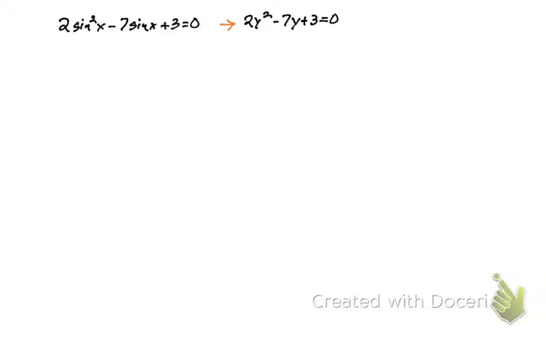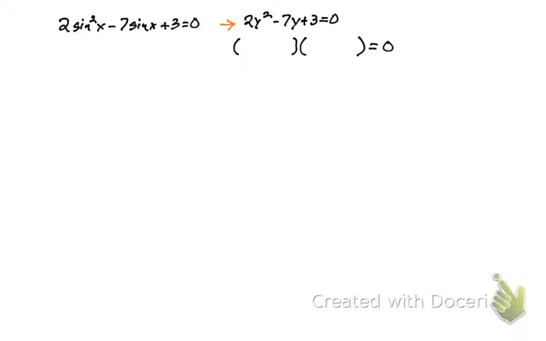So if I was told to factor 2y squared minus 7y plus 3, and I was told it is factorable, I would just write two binomials. Now we're going to use little tidbits to build up what we're going to put in there. The first term here times the first term there has to equal that 2y squared.